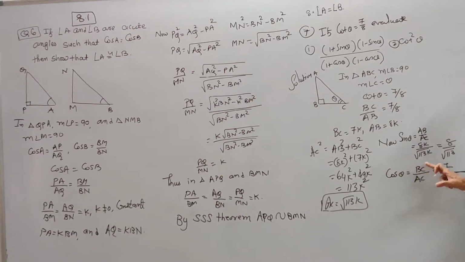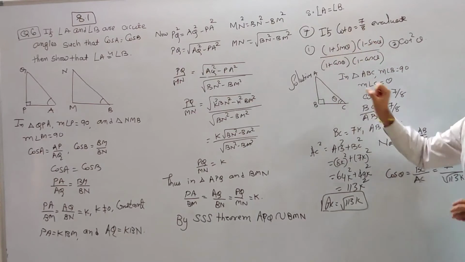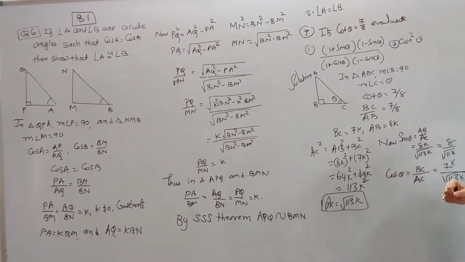Similarly, cos theta is equal to BC upon AC, 7K upon under root 113K, and the final answer is 7 upon under root 113. Now you know the value of sin theta and cos theta. In this example, you have to put the value of sin theta and cos theta, simplify, and you will get your answer.